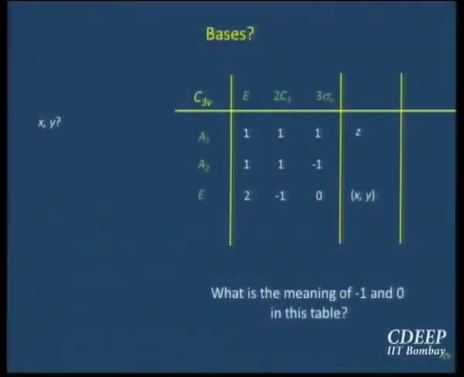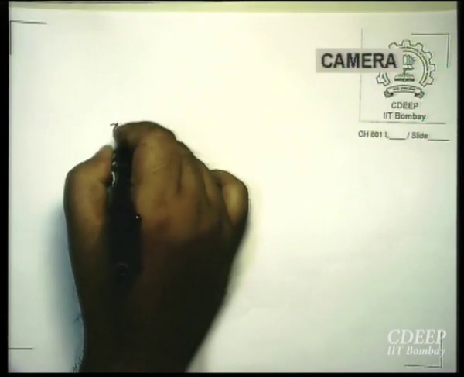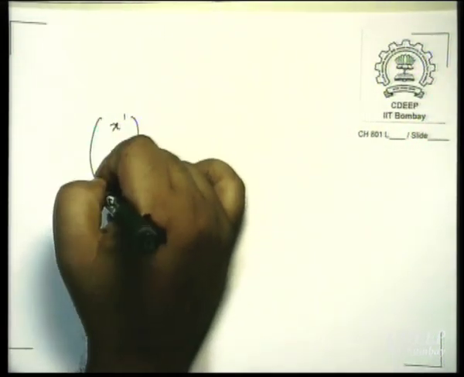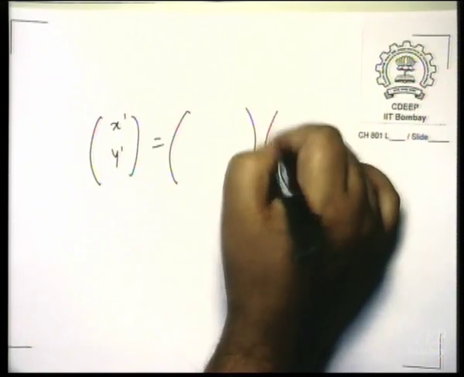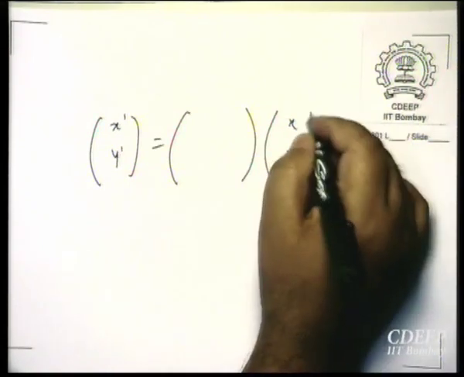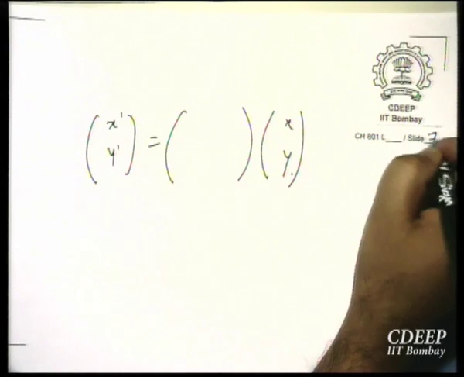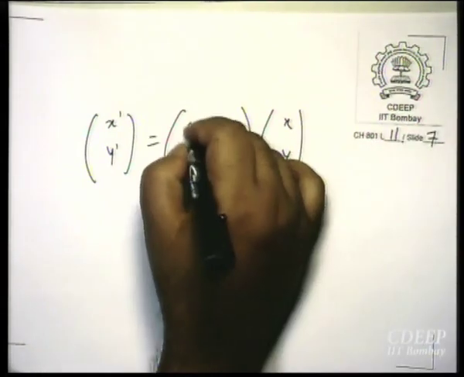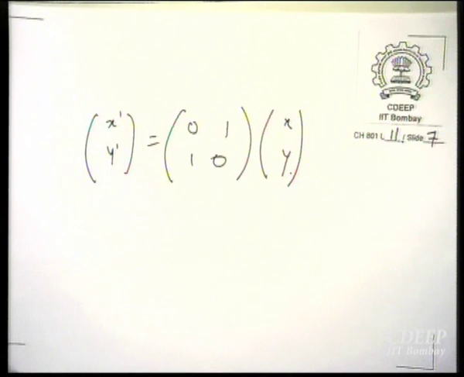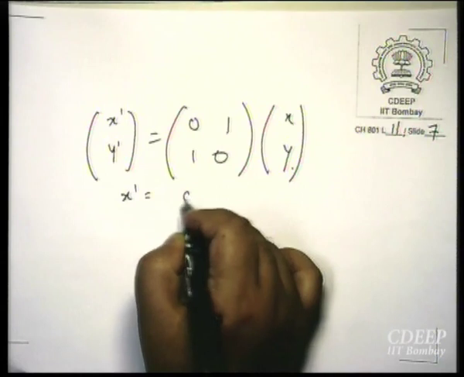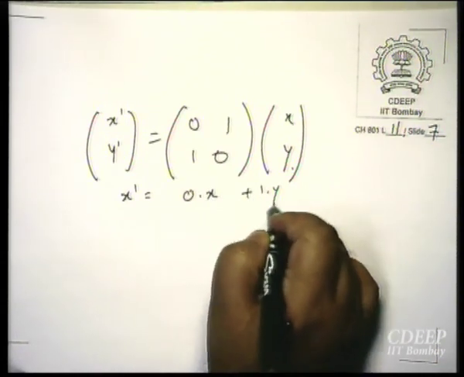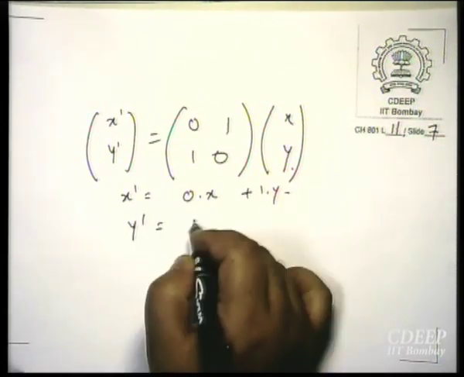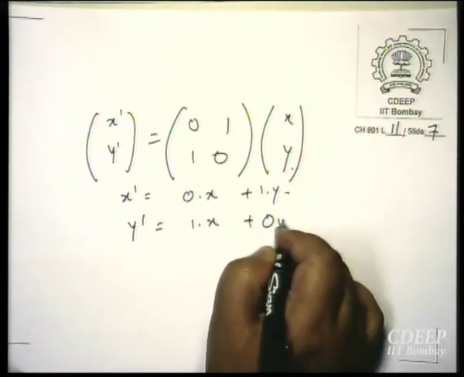That means what? You write xy, maybe I will write it here. This was the transformation matrix that we had worked out. So, what does that mean? X dashed is equal to 0 into x plus 1 into y, Y dashed is equal to 1 into x plus 0 into y.